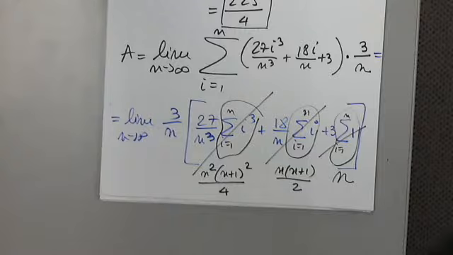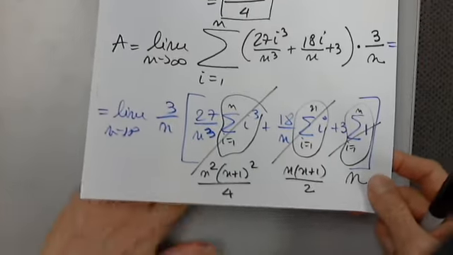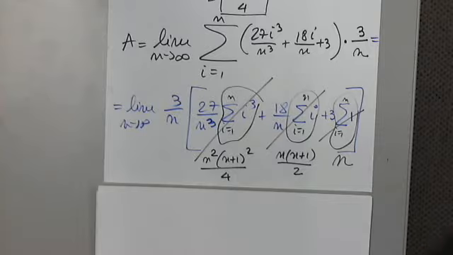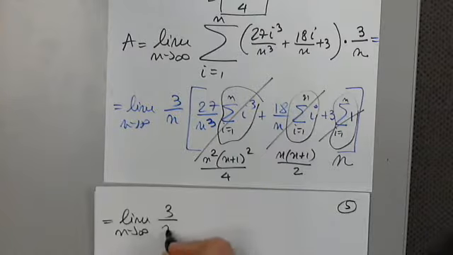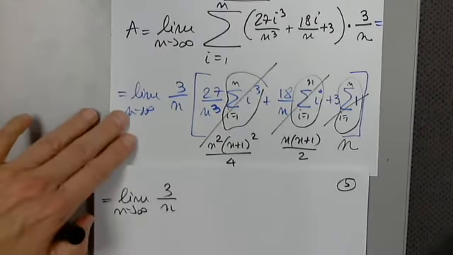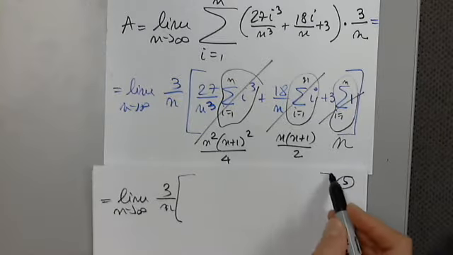Very good. So now the summation notation, or the sigma notation, goes away. It's gone because we replaced it by the corresponding quantities. And now the algebra. So limit as n approaches infinity of 3 over n. Still keep the brackets.